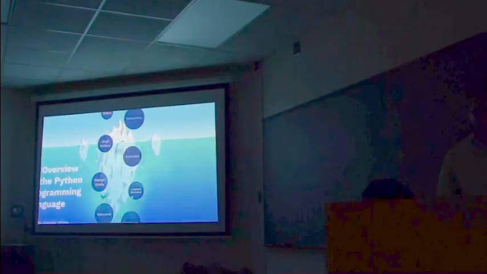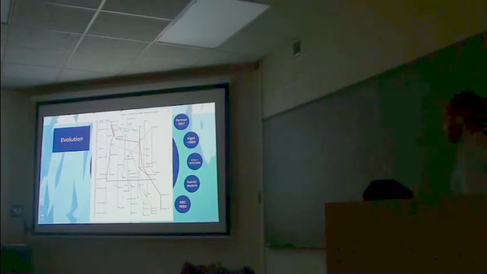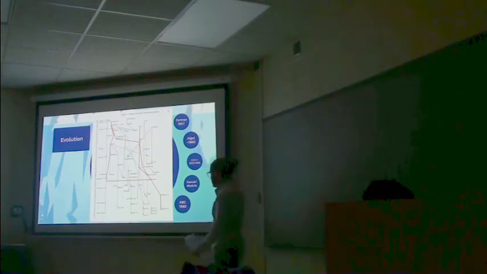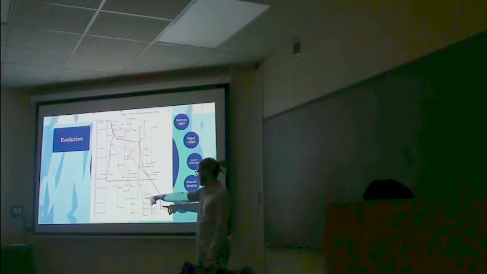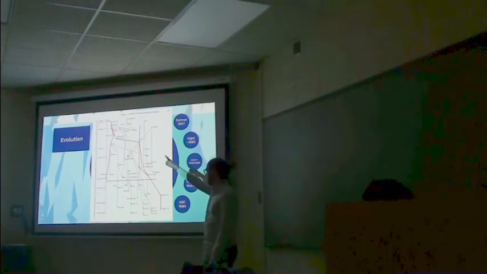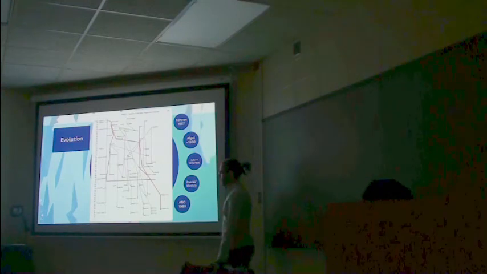So now we'll talk about the evolution of Python. Don't be scared of the diagram, but just pay attention to the red line here, because we're down here. This is where Python was created, and the latest version of Python. And up there is the first programming language ever invented, which was Fortran.